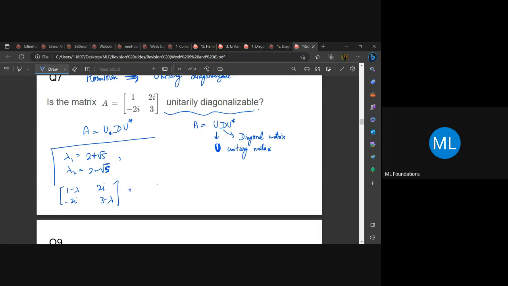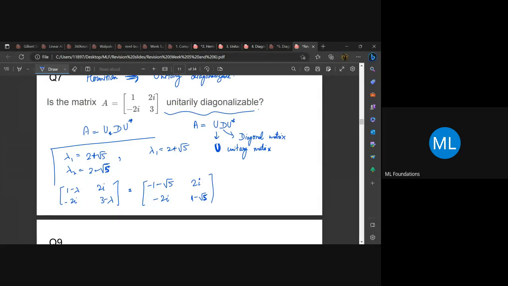Corresponding to lambda 1, which is 2 plus root 5, you get 1 minus 2, which is minus 1, so minus 1 minus root 5. This is 2i, this is minus 2i, and 3 minus 2 is 1 minus root 5.